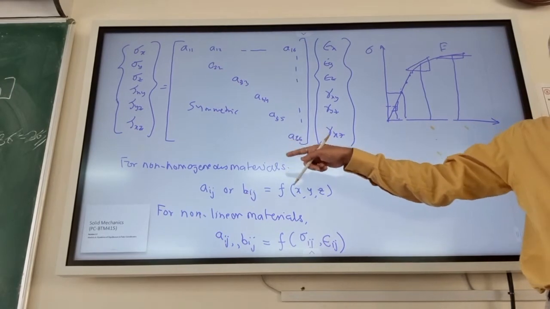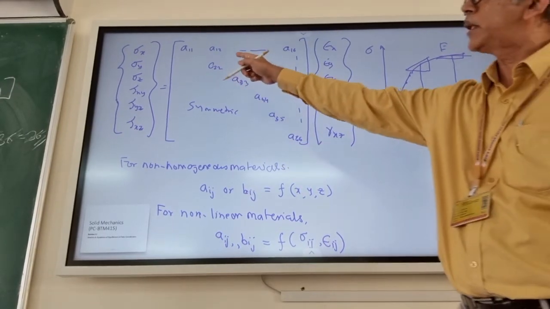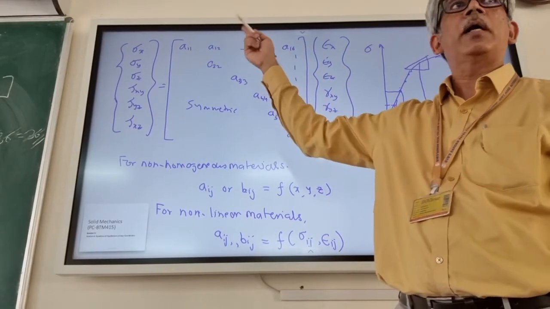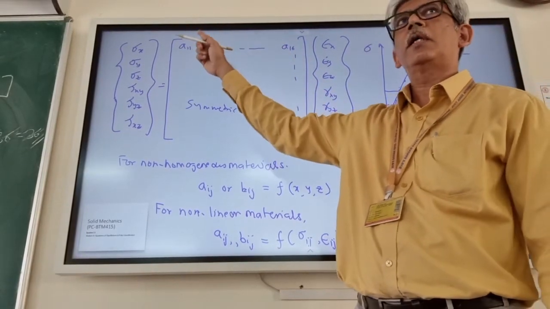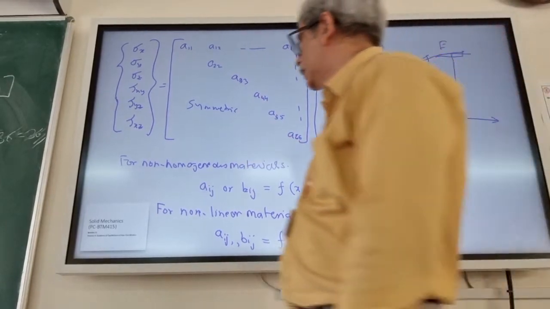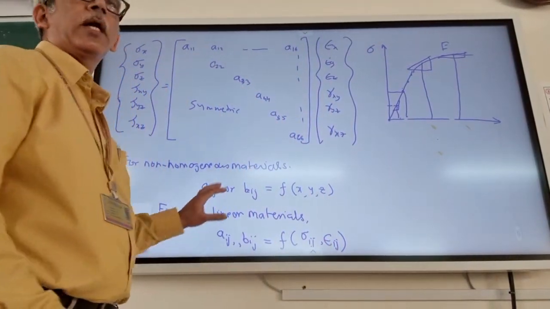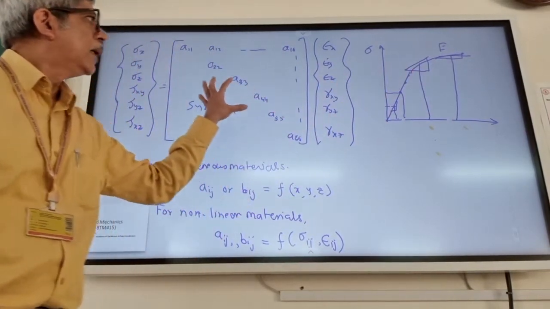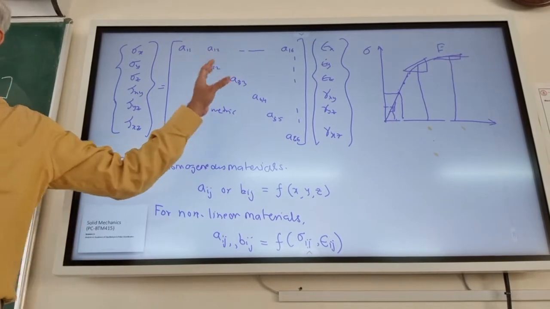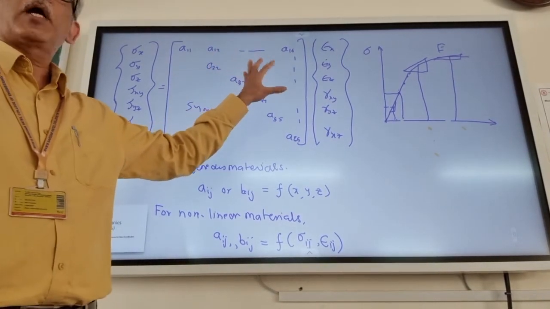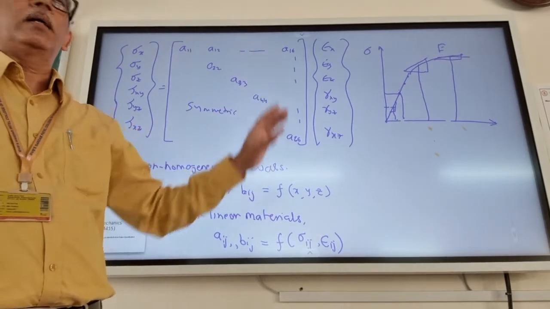So this equation will be non-linear because these constants themselves involve epsilon x or sigma x or both, which you are trying to find out. It becomes a more complicated relation. For real materials in the plastic zone, the constitutive equation will necessarily become non-linear, and that becomes a very complex case to handle.